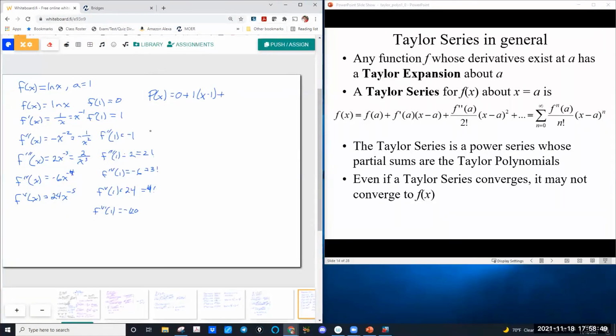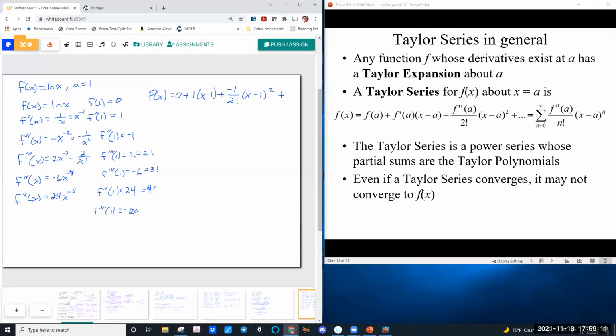Then we go up to a quadratic. So we're going to have negative 1 over 2 factorial times x minus 1 squared. I'm going to have to go to the next line. So plus. We'll do all the negatives and everything here in the next step.